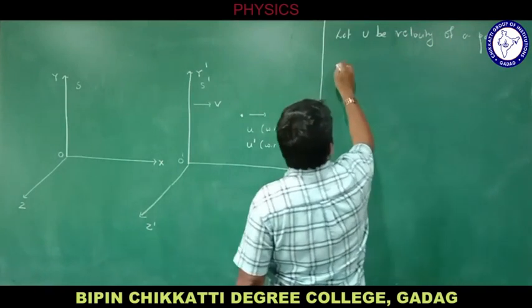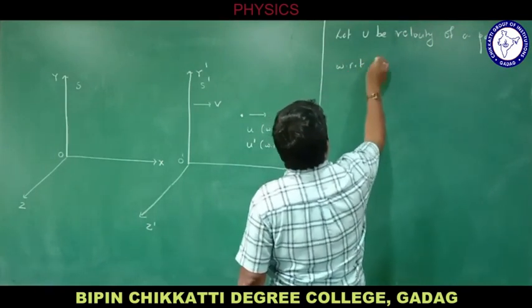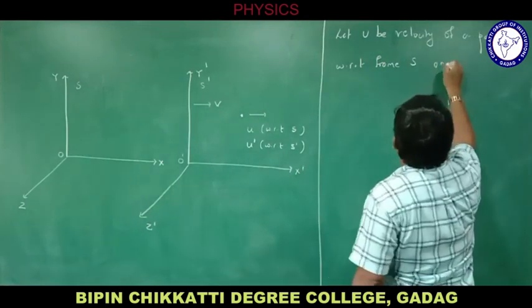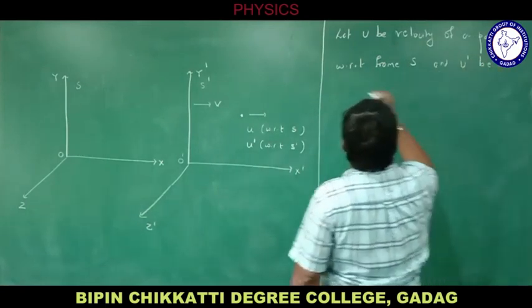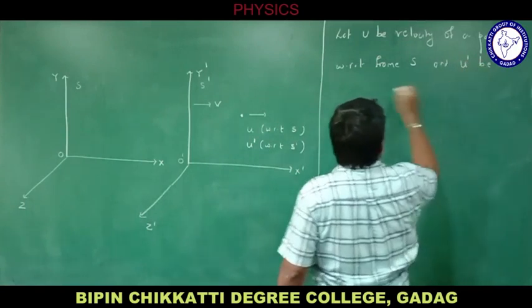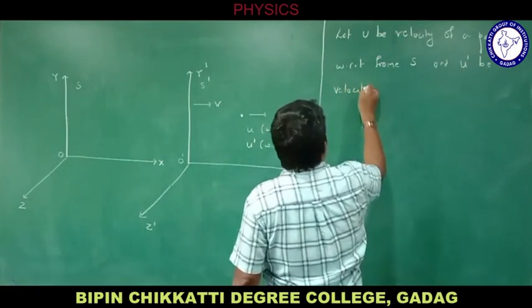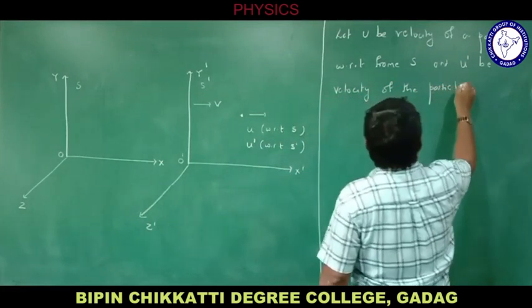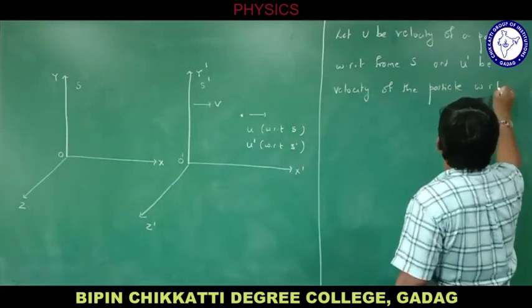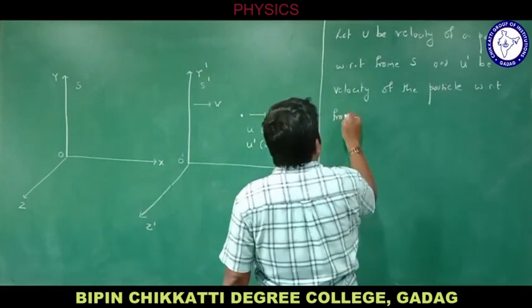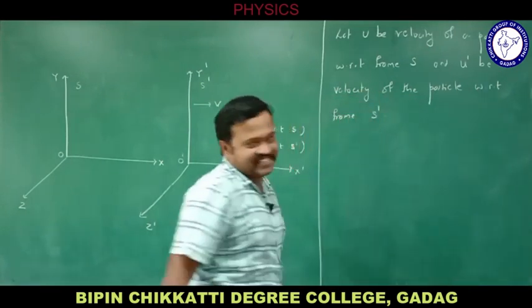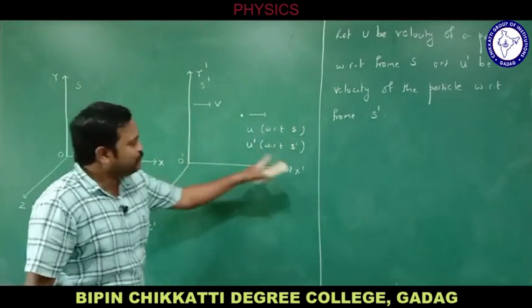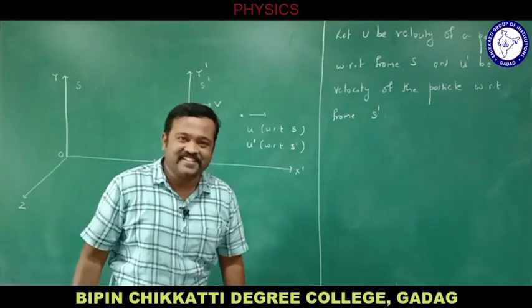Let u be the velocity of the particle with respect to frame S, and u dash be the velocity of the particle with respect to frame S dash.